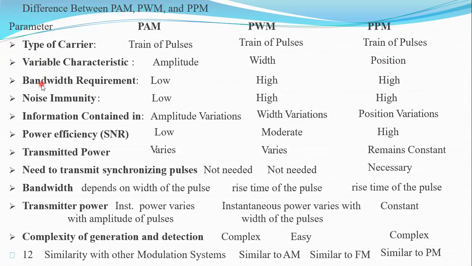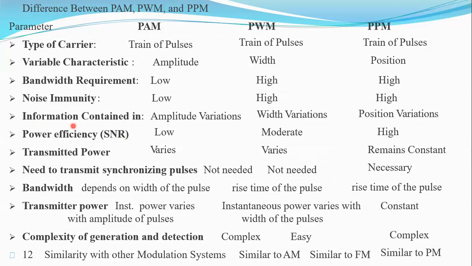Coming to the bandwidth requirement, pulse amplitude modulation requires a low bandwidth, and pulse width modulation and pulse position modulation have a high bandwidth. Next, coming to noise immunity, pulse amplitude modulation has a disadvantage in that it has low noise immunity, and pulse width modulation and pulse position modulation have high noise immunity.